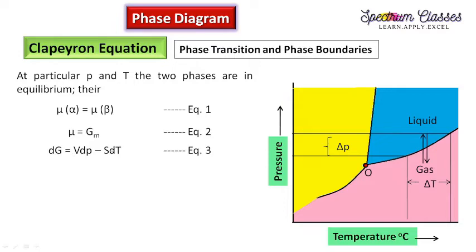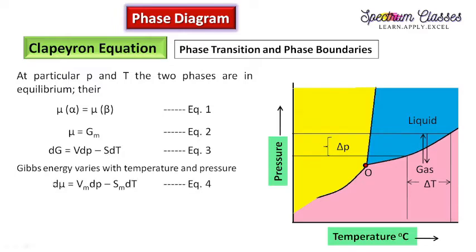If we write this equation in terms of molar values, it becomes dGm = Vm dP minus Sm dT. Here m stands for molar quantity, and since Gm is equal to mu, I have replaced dGm with d mu. This is our equation number 4, and the change in chemical potential for the alpha phase is exactly equal to the change in chemical potential for the beta phase.